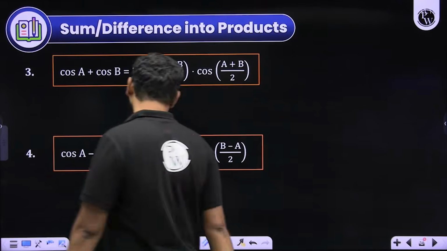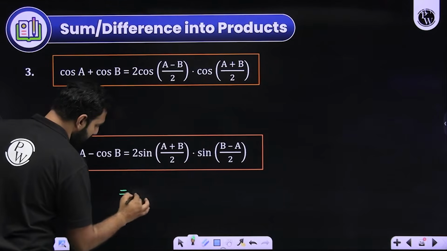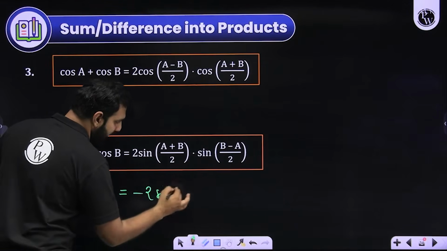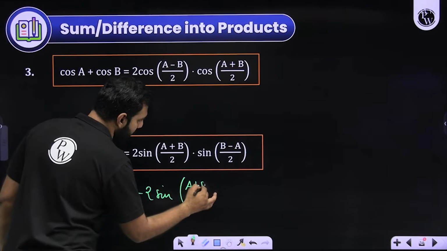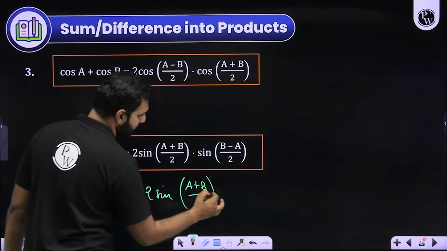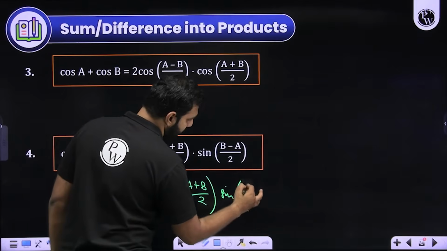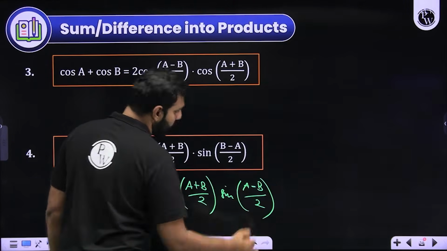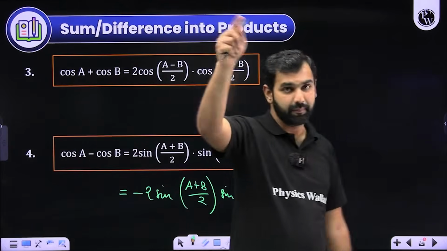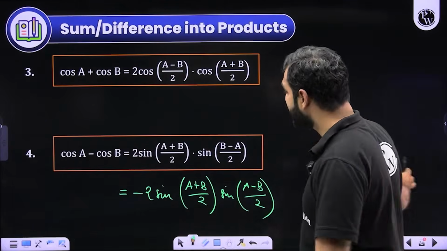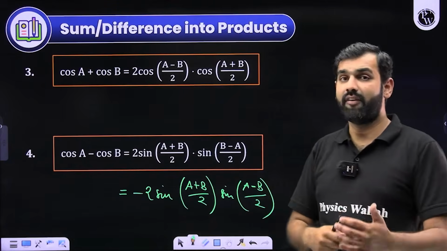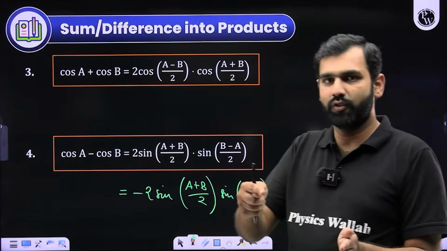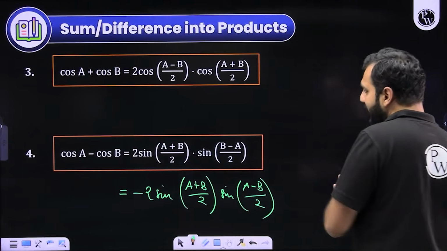If you don't remember it like this, I'll give you another variant of it: it is minus 2 times sin((A+B)/2) times sin((A-B)/2). And the proof remains the same: you replace A+B and A-B by C and D, and you will start getting all these four sum or difference into product formulas. Any confusions on that?